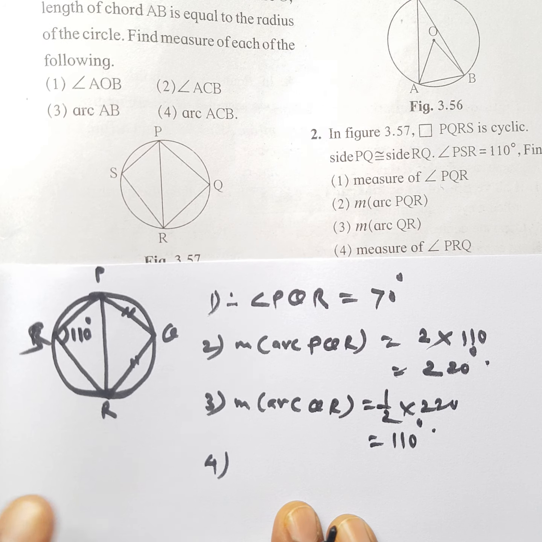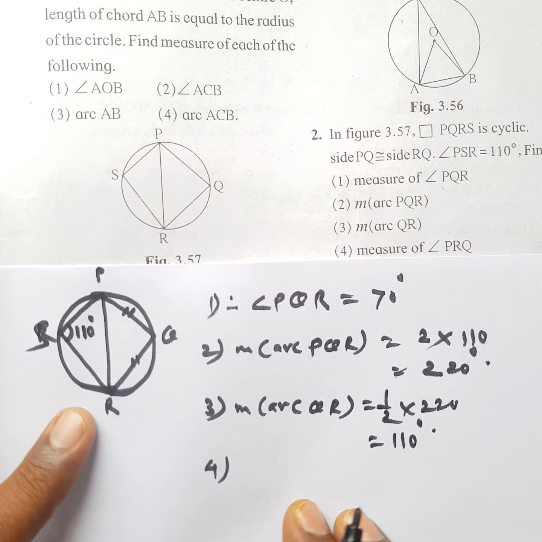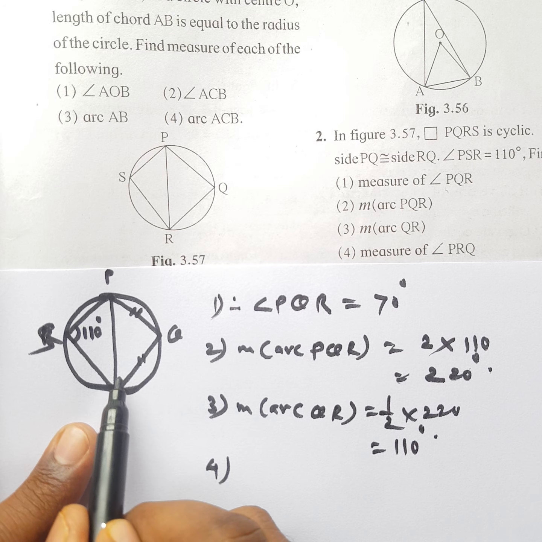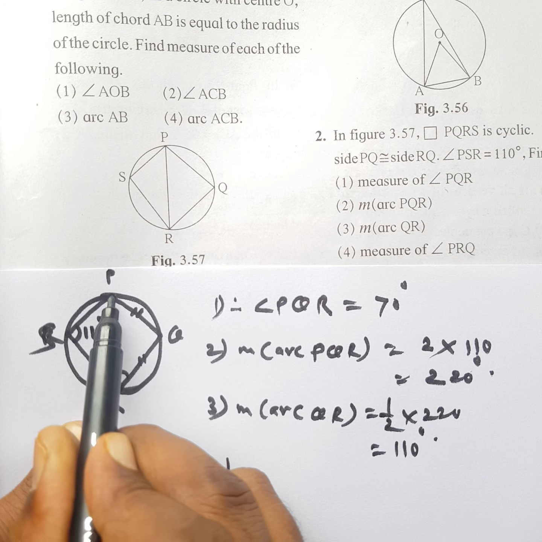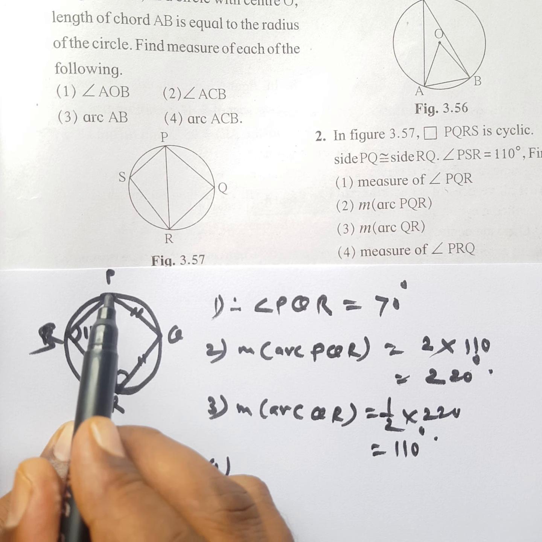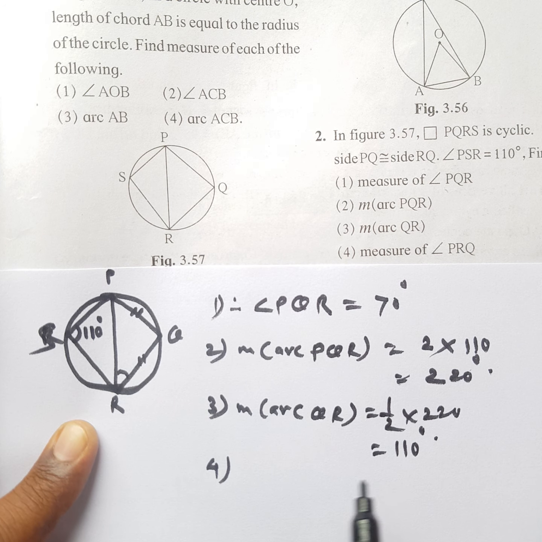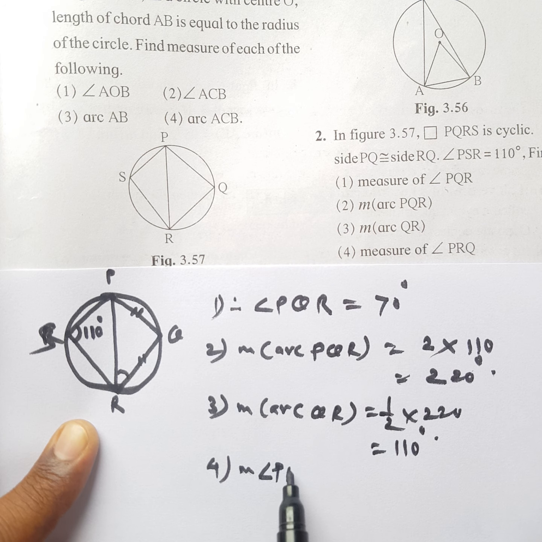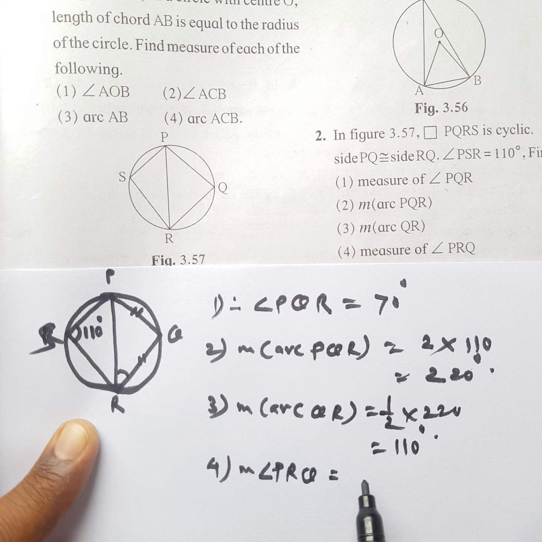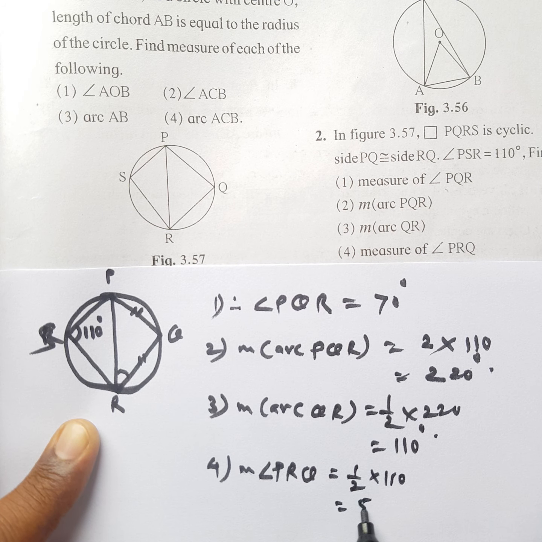And fourth, measure of angle PRQ. To find measure of angle PRQ, it intercepts arc PQ. Arc PQ is also 110 degrees. Therefore, measure of angle PRQ will be half into 110, that is 55 degrees.